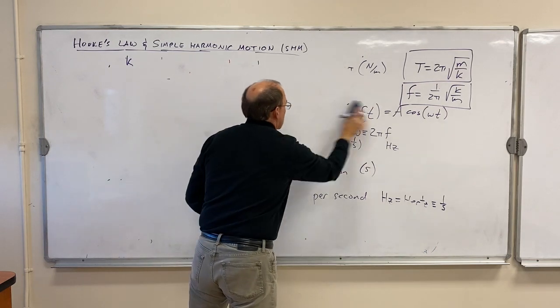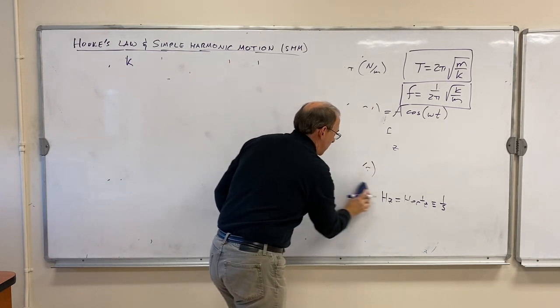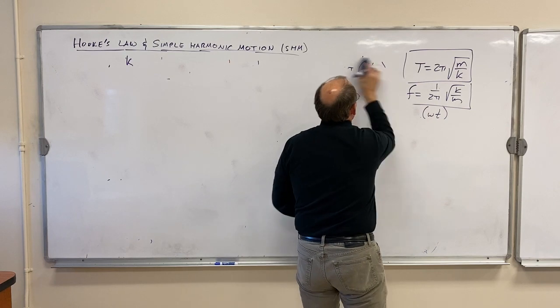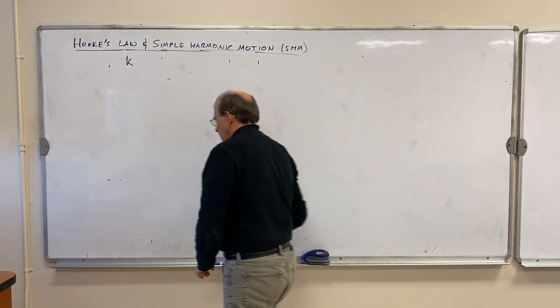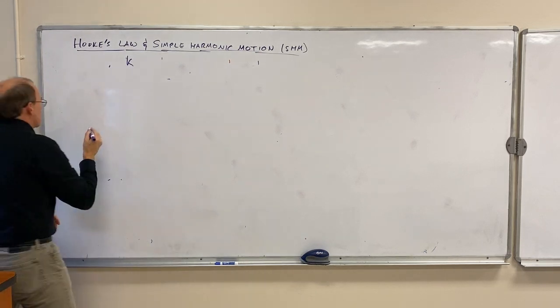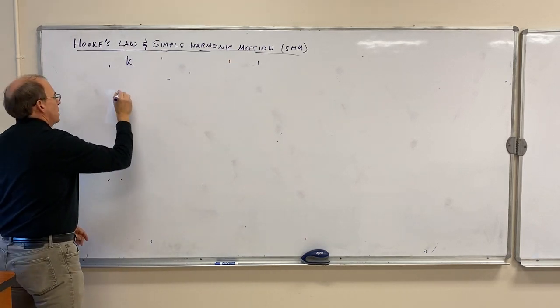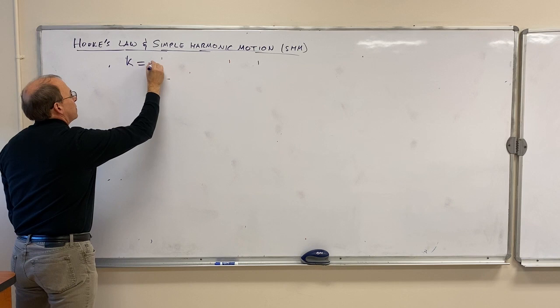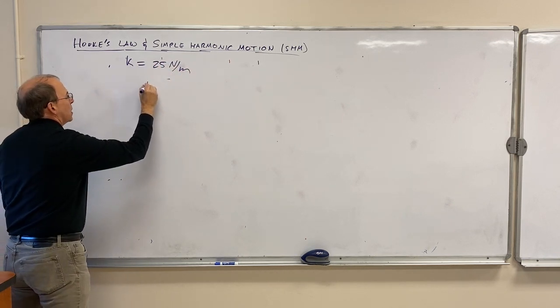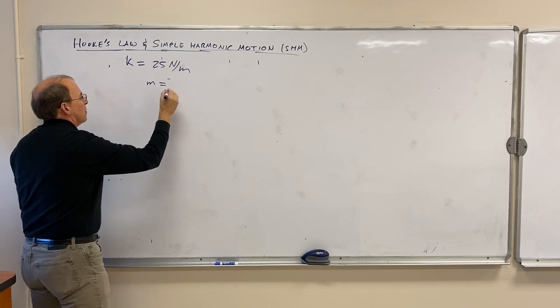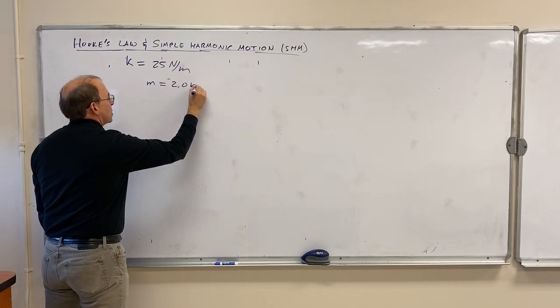So I suppose I could do a couple of examples. Suppose I have a k of 25 newtons per meter, and I put on it a mass of 2 kilograms.